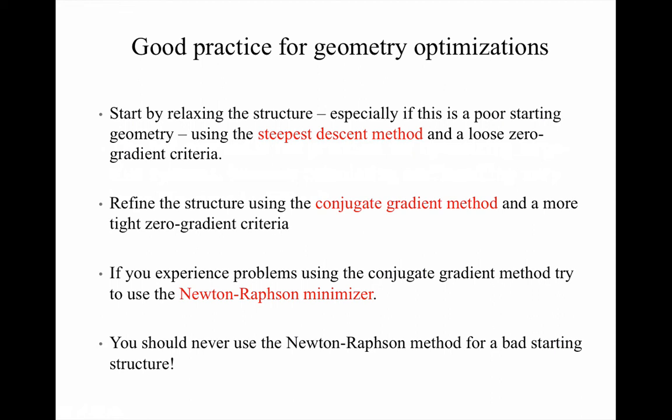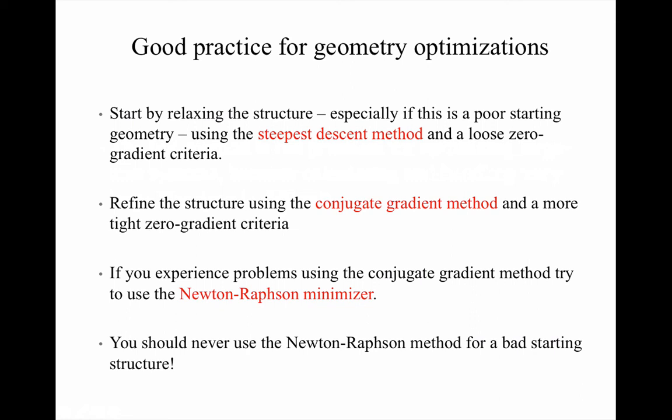But remember here that the Newton-Raphson minimizer involves the use of the Hessian, so it can be quite time-consuming to use this method. Remember that you should never use the Newton-Raphson method as a start-out method if you have a bad starting structure. This is simply because for such a bad starting structure, you are far away from the true minimum energy structure, meaning that your Hessian at the point where you start out will probably contain a lot of negative eigenvalues, meaning that the Newton-Raphson method will not take you to the energy minimum, but instead to some saddle point on the energy surface.